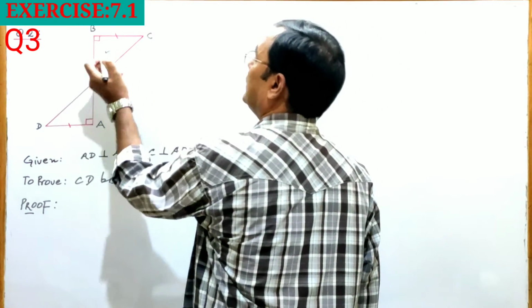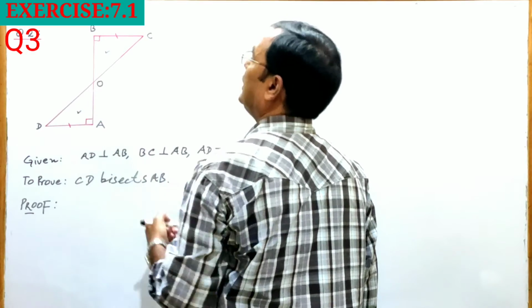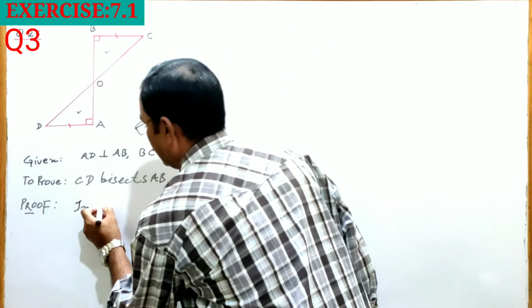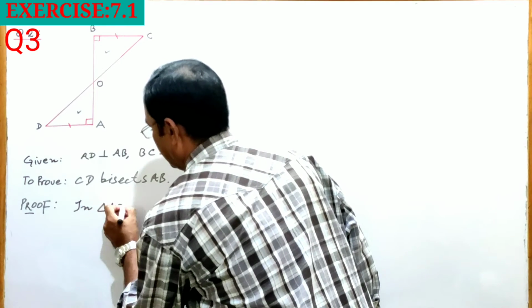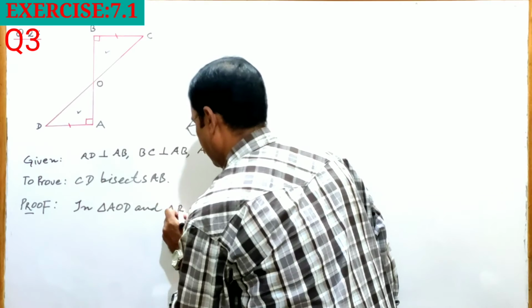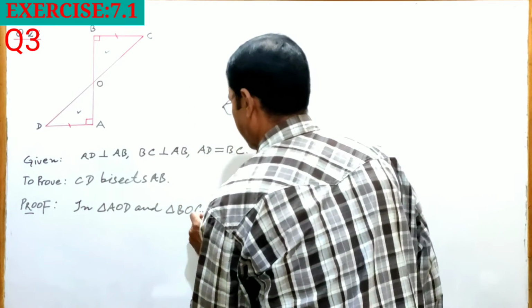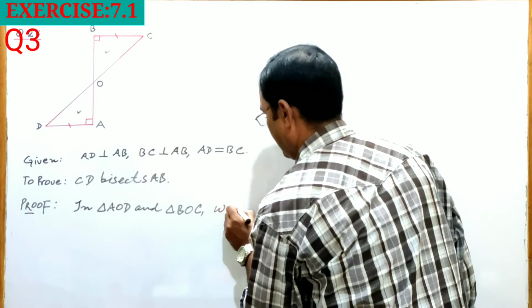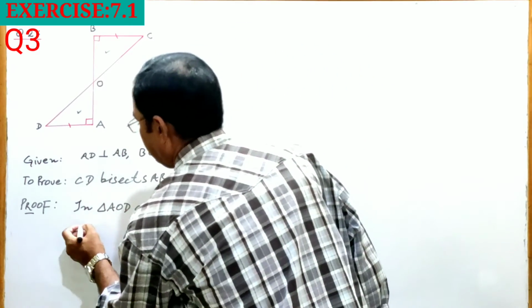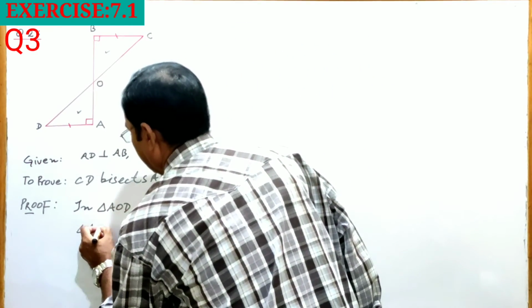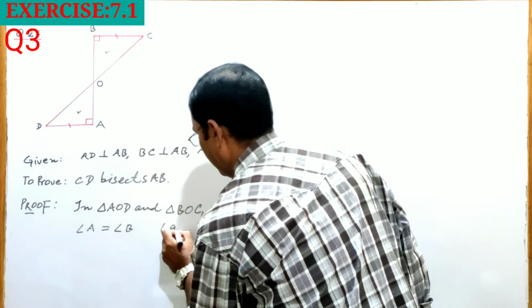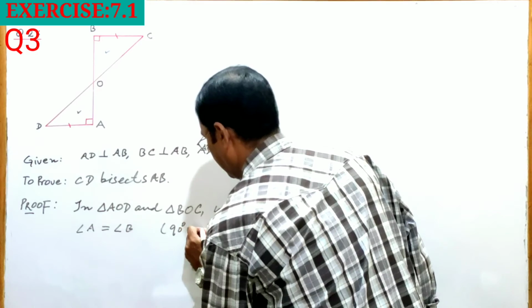In right triangle AOD and BOC, in triangle AOD and triangle BOC, we have angle A is equal to angle B, 90 degrees each.